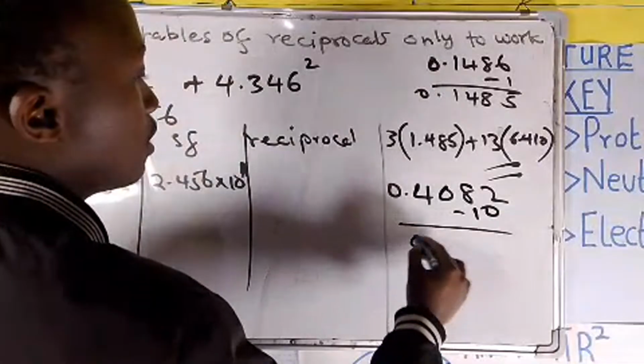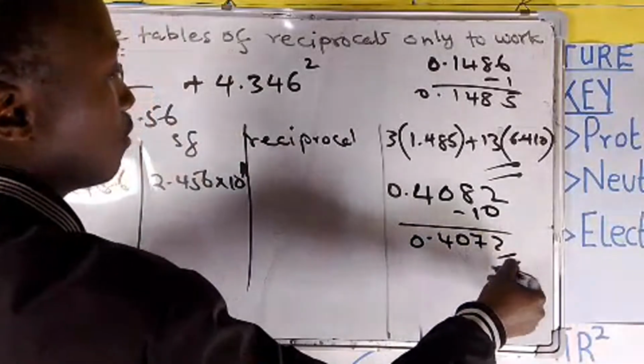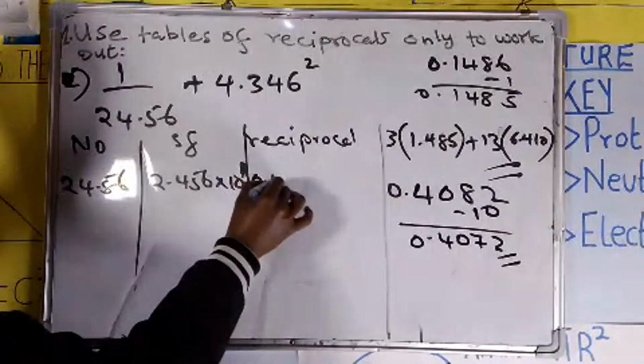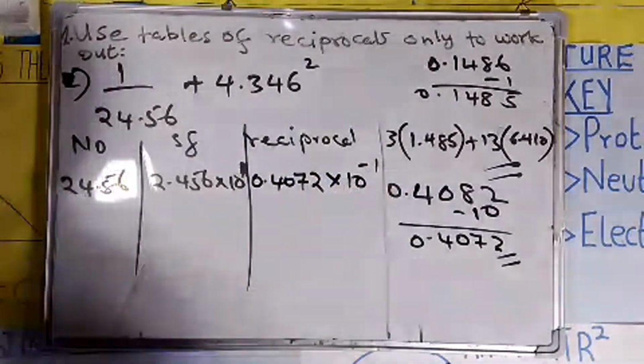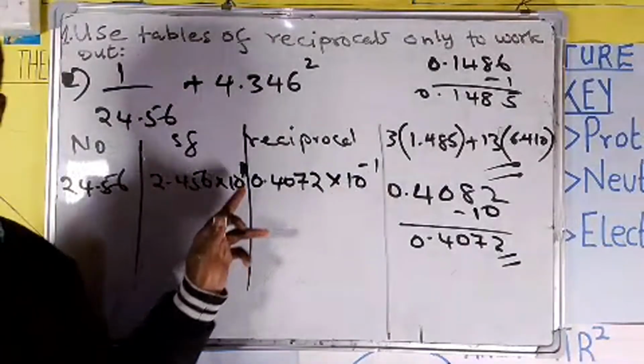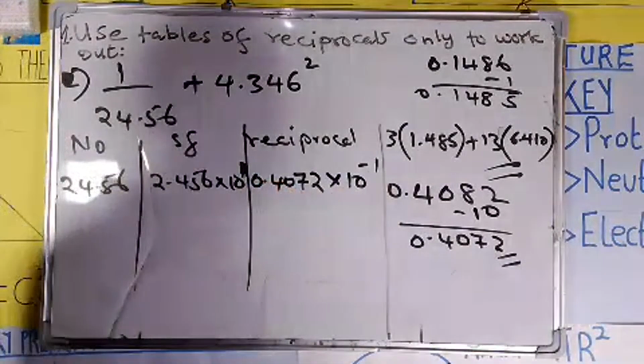So it will be 0.4072. This will be times 10 to the power negative 1, because it was times 10 to the power 1, it will be times 10 to the power negative 1.